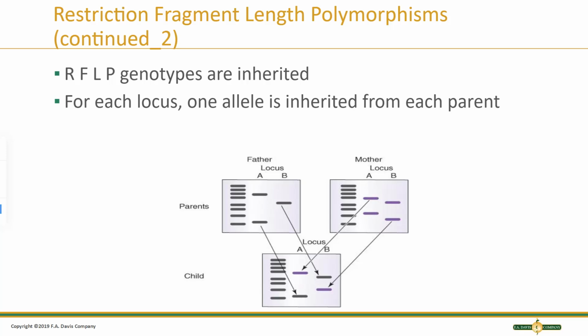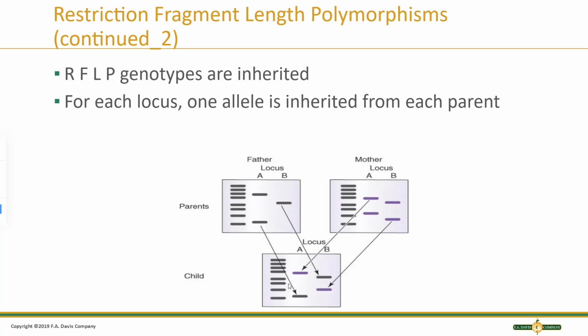So here we can see the father and the mother and the child. If we look at the child, we can see that these two bands came from the mom because they're the same size. Now we're looking at where these two bands may have come from. If we look at these on the father, that's where they came from on the father.